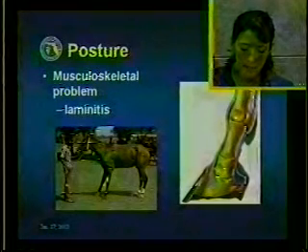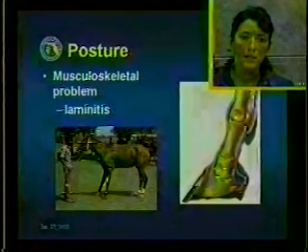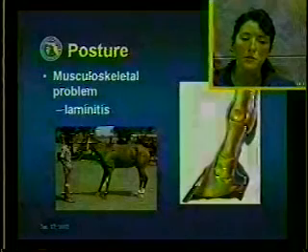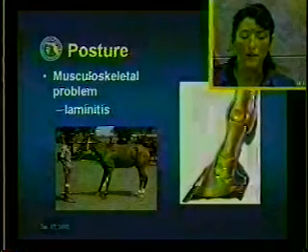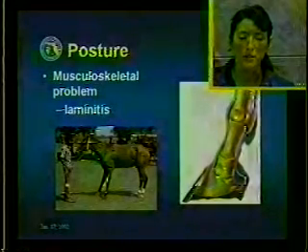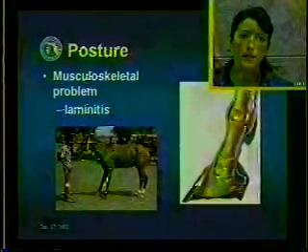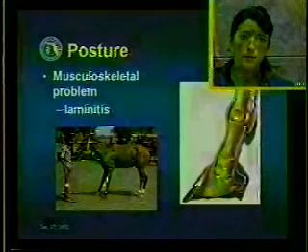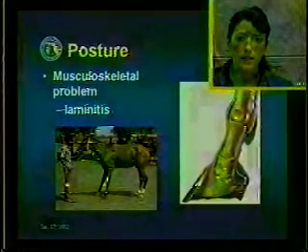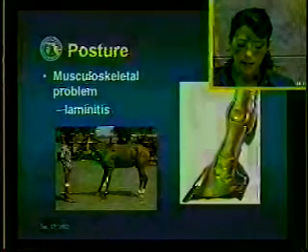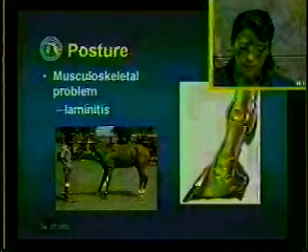This tissue can become inflamed relatively easily in association with diseases that include an inflammatory component, such as colitis, metritis, or pleural pneumonia. Very often, laminitis will be the consequence of a severe colitis, and we'll cover that in the intestinal part.